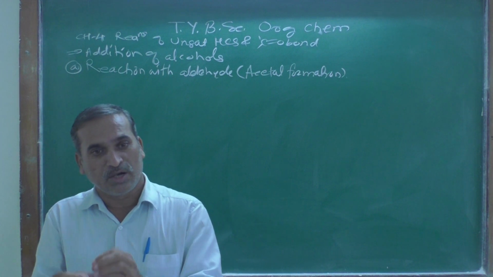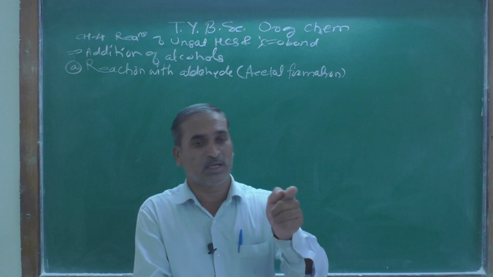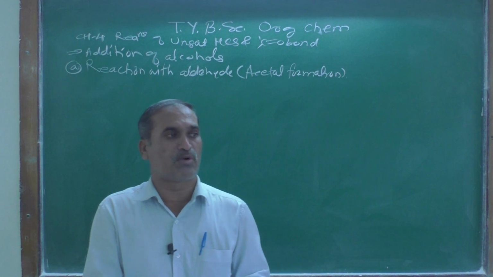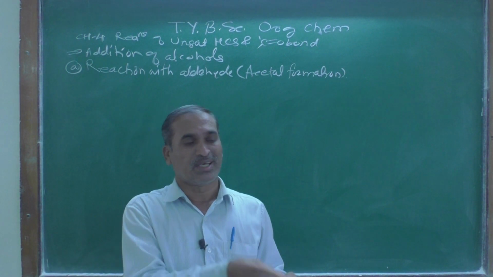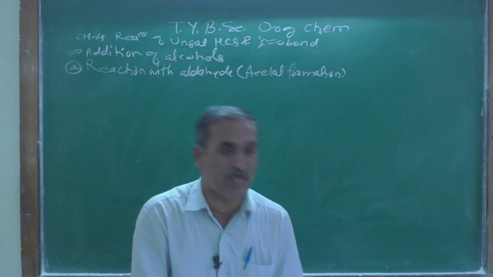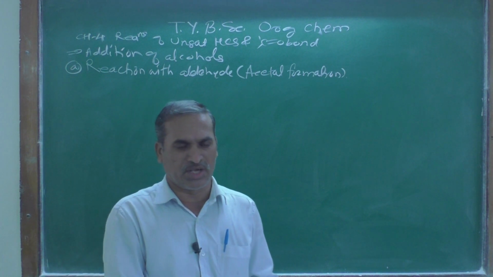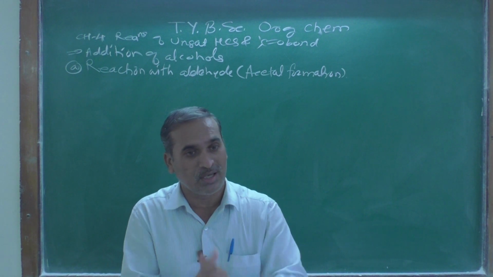When the aldehyde is treated with alcohol in the presence of a catalytic amount of acid, it first forms the hemiacetal, and that hemiacetal, when further treated with excess alcohol in anhydrous condition, produces the acetal. That is called an acetal.